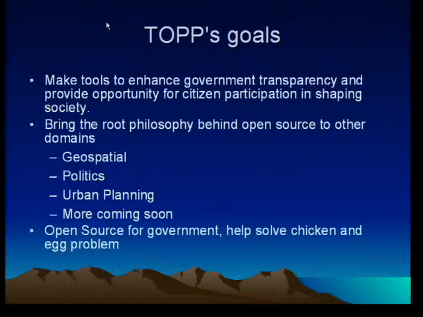And a lot of this we see as bringing this root open source philosophy to other domains. Geospatial, which we hit on, is this idea of collaborating on maps, of working on the source code of maps and bringing people together to collaborate instead of just one person providing it all. Politics is the Open Plans project, getting people to communicate with all those sorts of tools you saw in the Dean campaign.